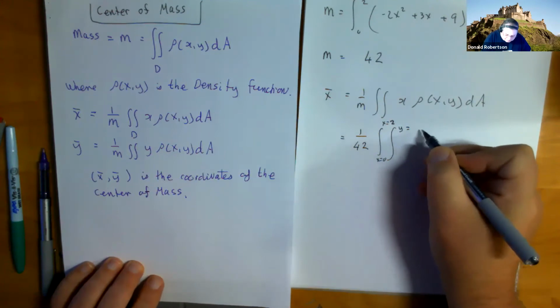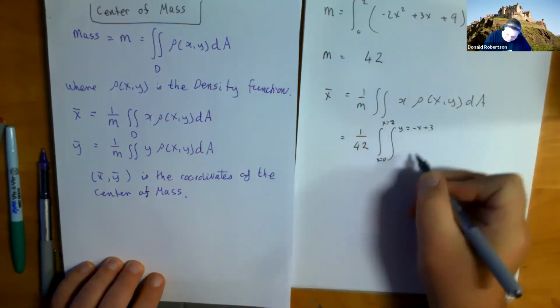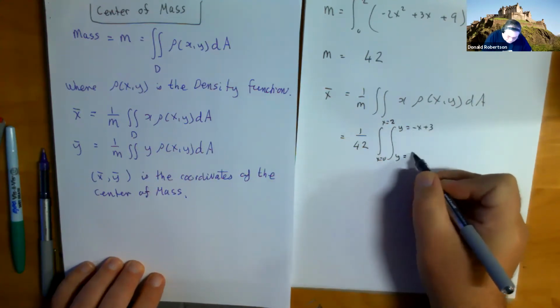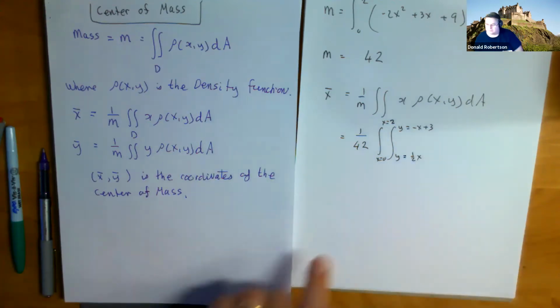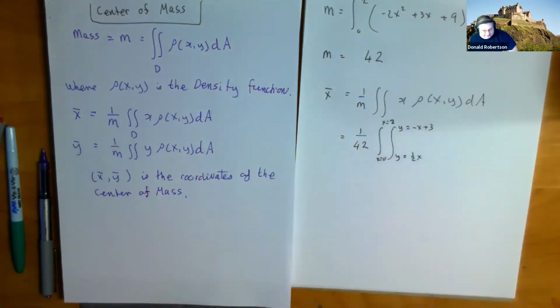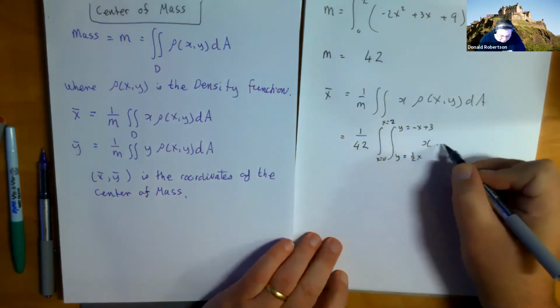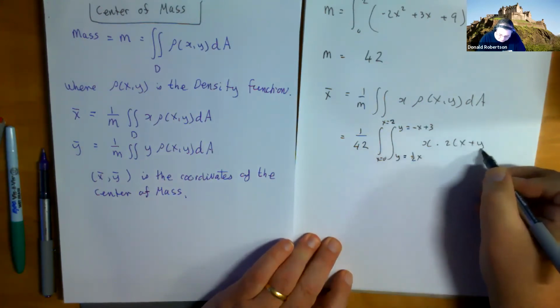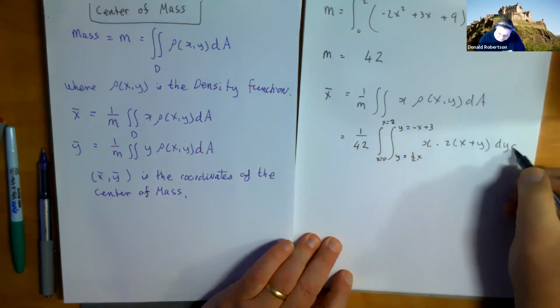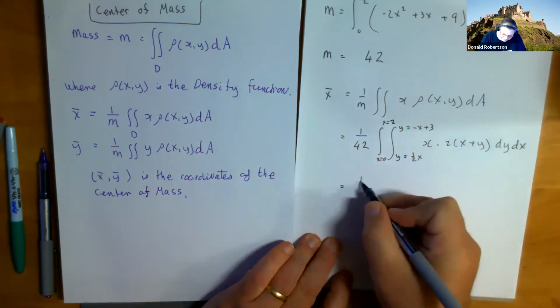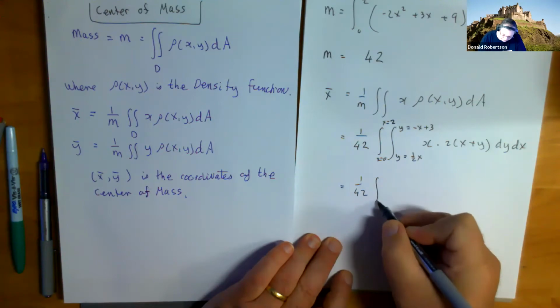And I will fix it here. So it should have been negative x plus 3. And x times the density function, and we'll do the dy dx guy. Now I have 1 over 42.